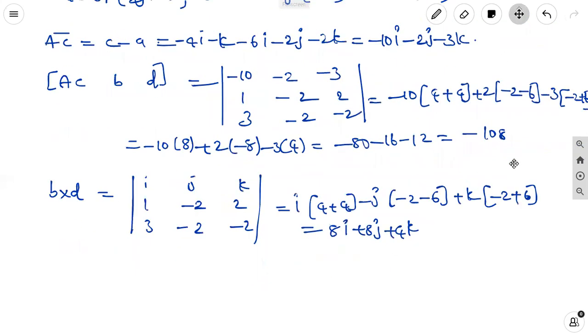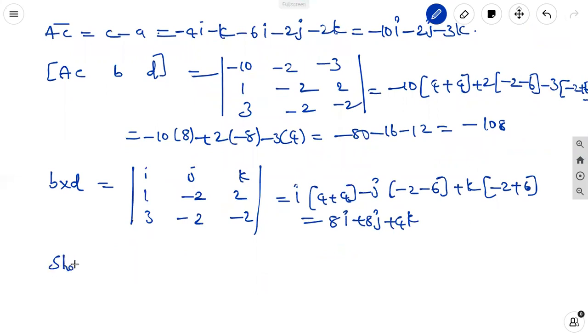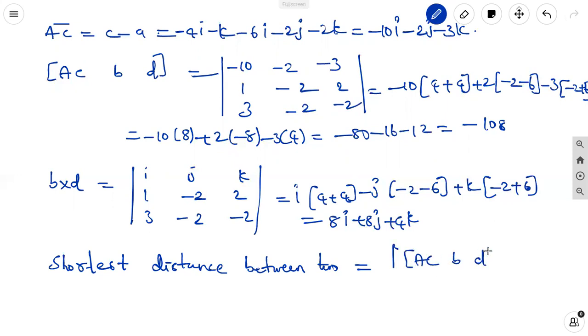Now find the shortest distance between the two vectors, equal to the modulus of the determinant of AC, B, D divided by the modulus of B cross D. It is equal to modulus of 108 divided by the square root of 8 square plus 8 square plus 4 square.